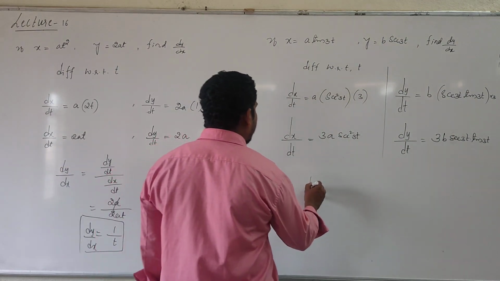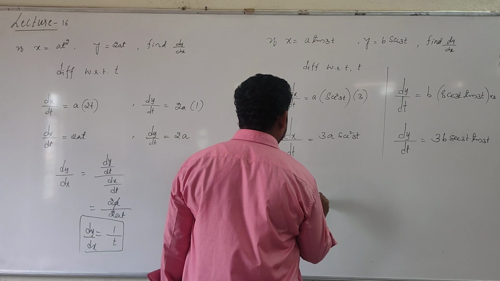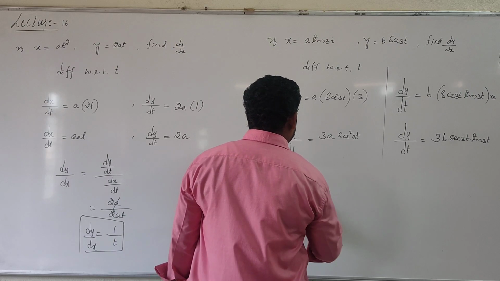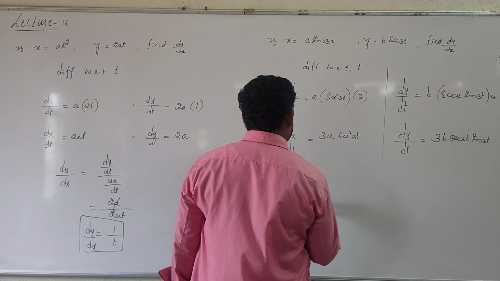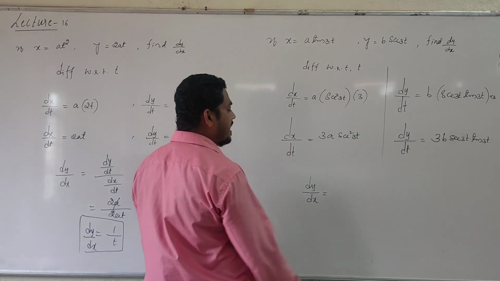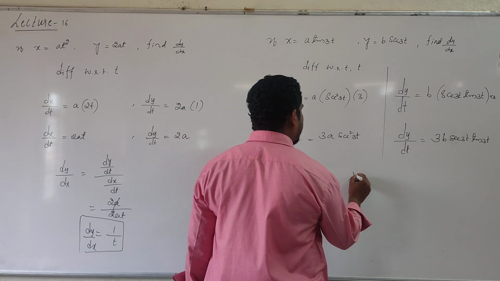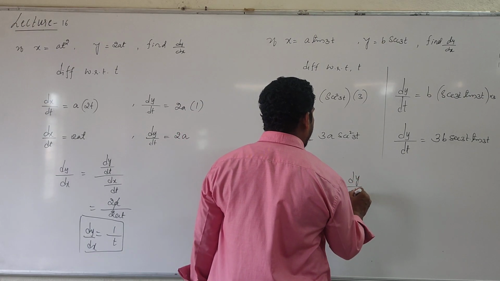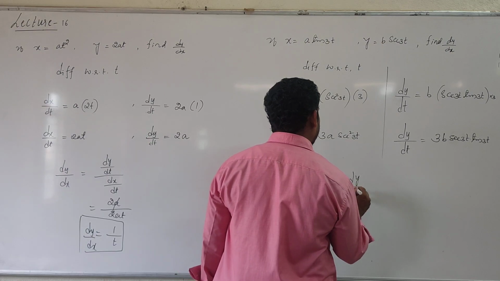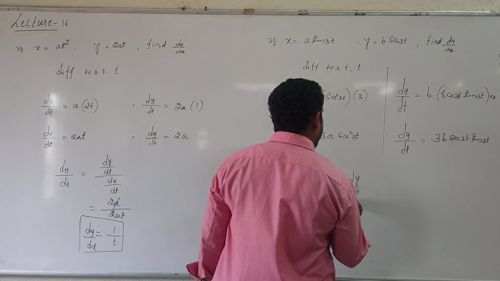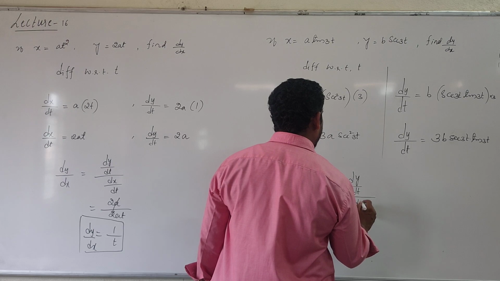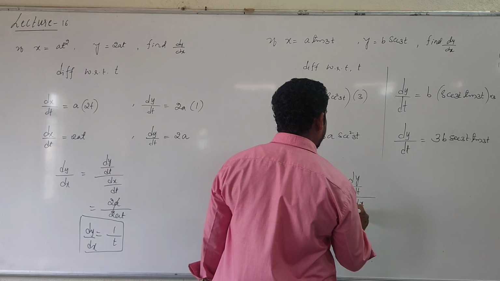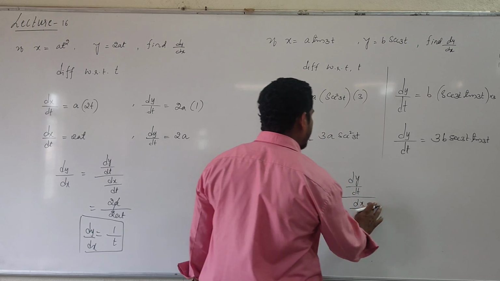Now what is dy by dx? According to the formula, dy by dx equal to dy by dt divided by dx by dt.